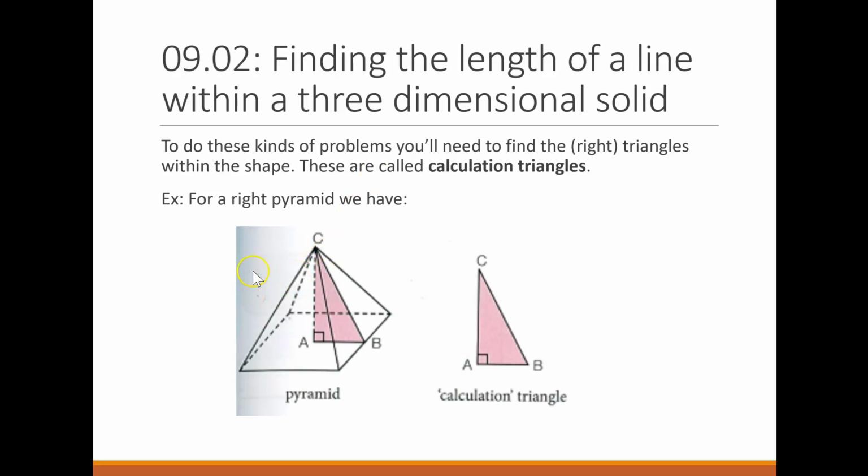So for example, if I have the right pyramid as shown here, one example of a possible calculation triangle would be this triangle ABC. Everybody's okay with that? Or are there more calculation triangles than just this one? Of course, there are going to be lots of them. Sometimes the trickiest part is finding the one that really makes the problem easiest.